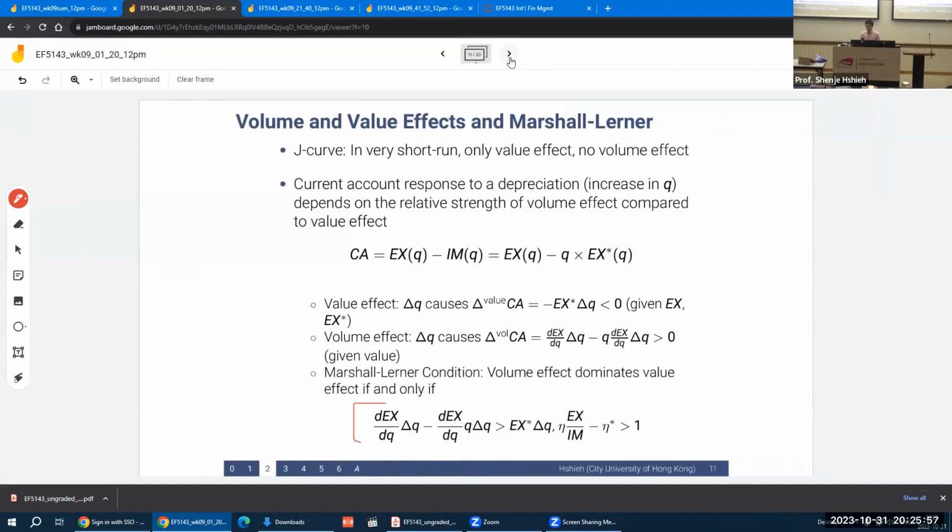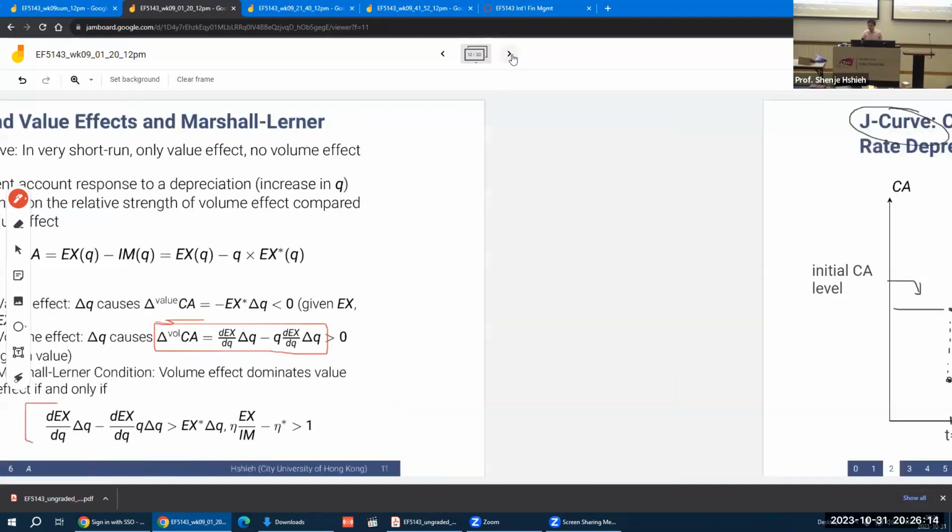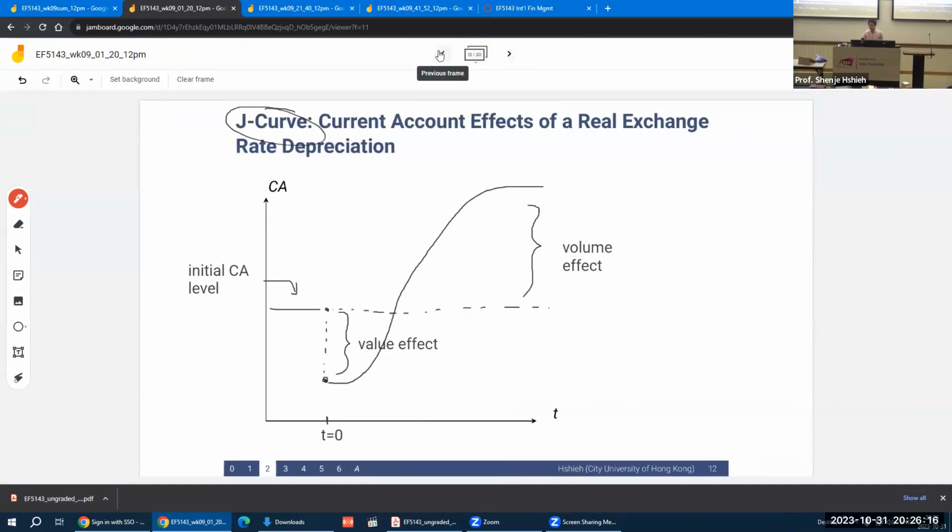Based on this equation here, the impact of the change in Q on the current account can fluctuate over time.